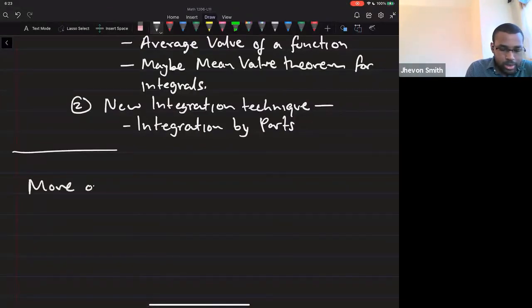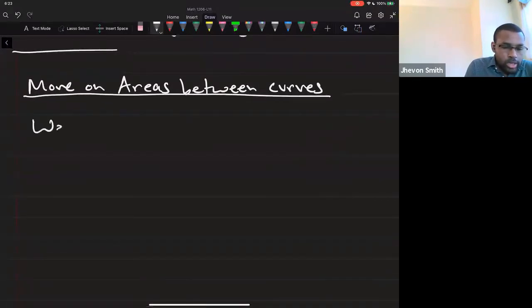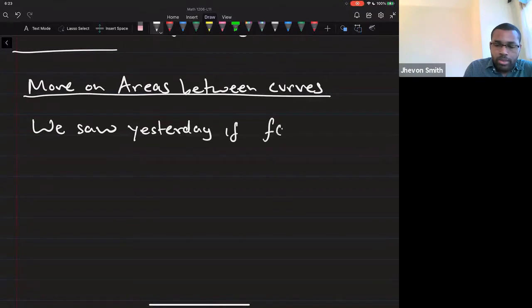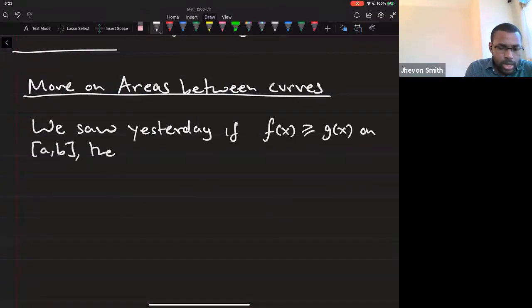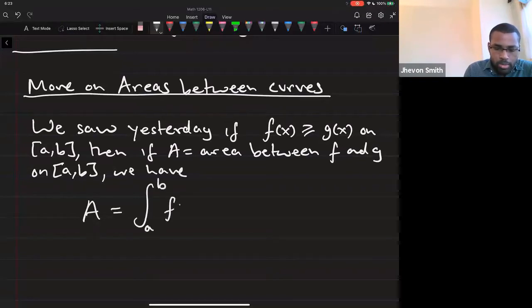More on areas. We saw yesterday that if we have f of x greater than or equal to g of x on [a, b], then if A is the area between f of x and g of x on [a, b], we have that A would be just the integral from a to b of f of x minus g of x dx.